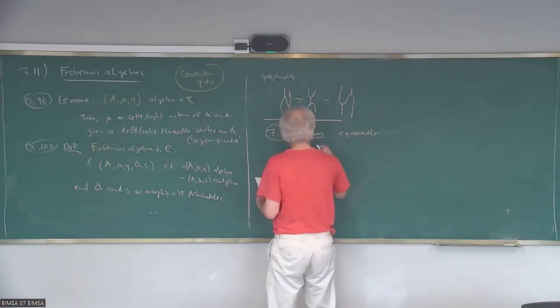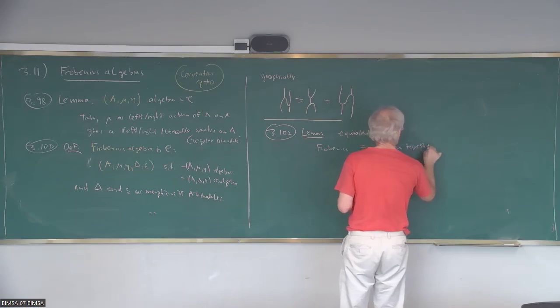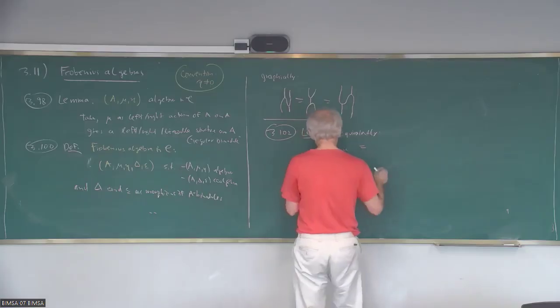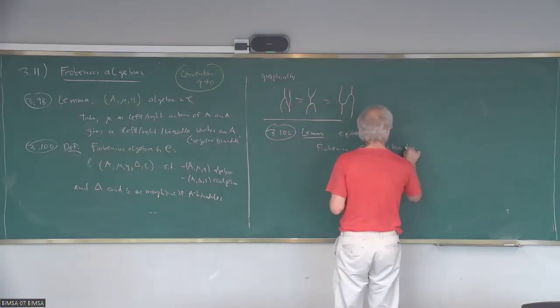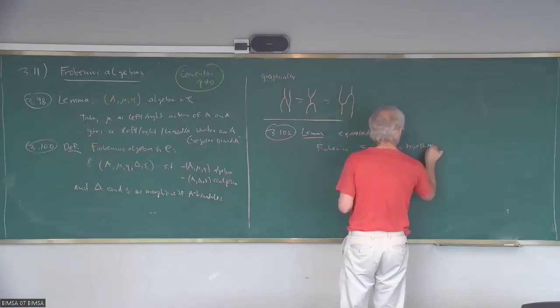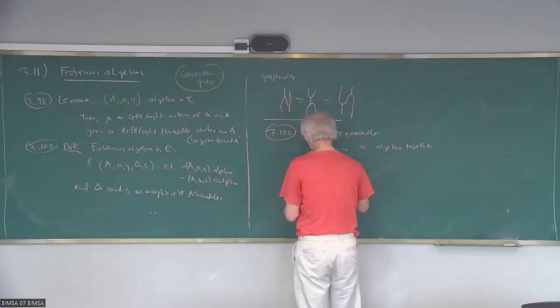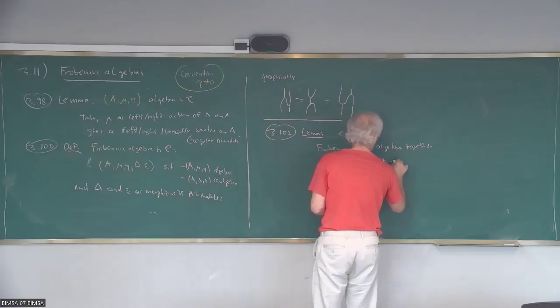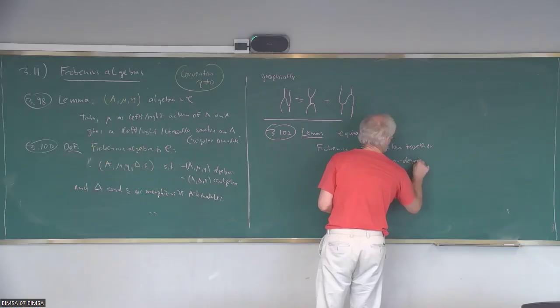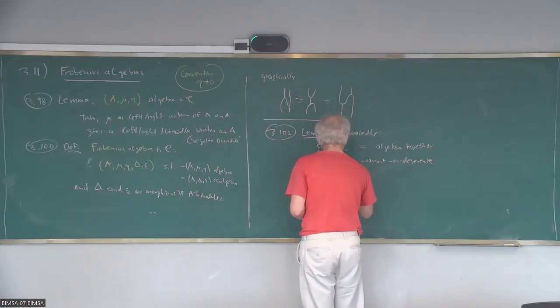Namely, it says that a Frobenius algebra is the same as an algebra (A, mu, eta) together with an invariant non-degenerate pairing, call it kappa.